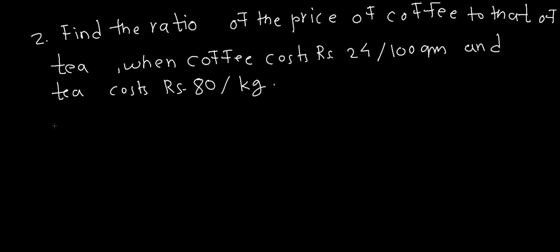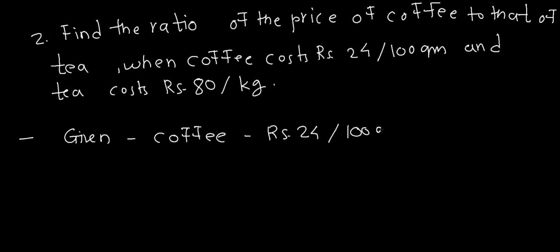So we have to find the ratio of their prices. First we write down what is given. Given is coffee as rupees 24 per 100 gram and tea as rupees 80 per kilogram.